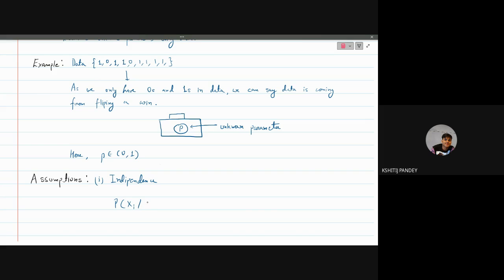That is what we mean by independence. The outcome of one flip will not influence the outcome of other flips. As simple as that.